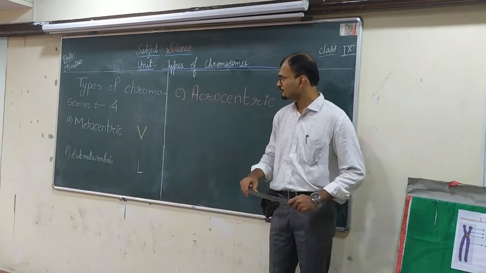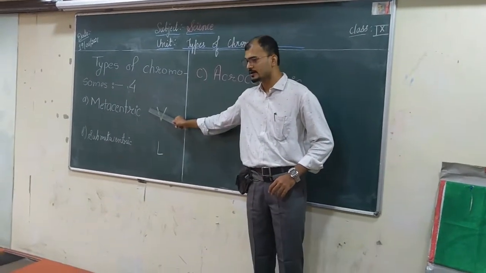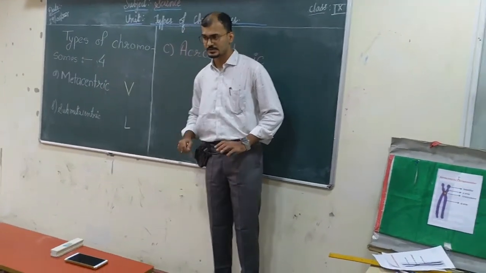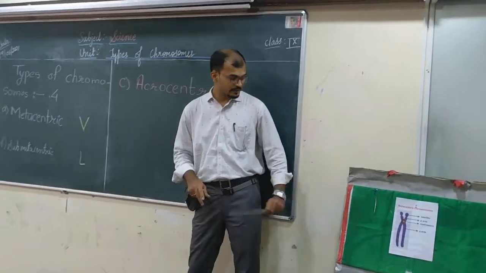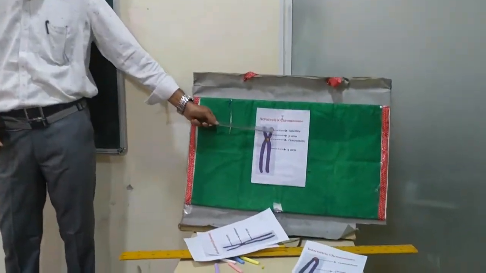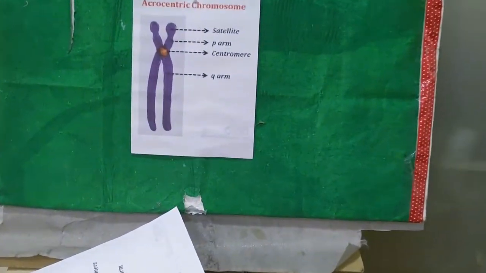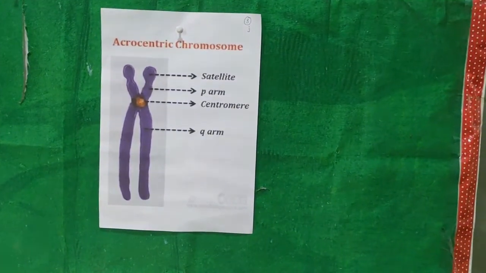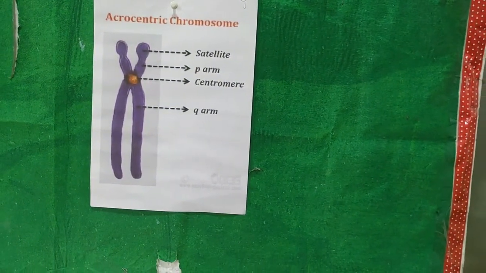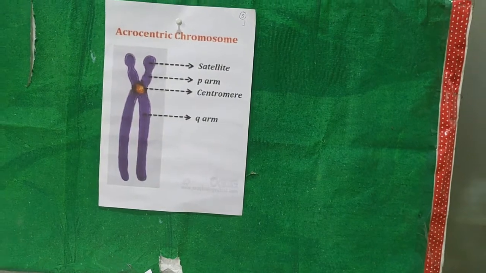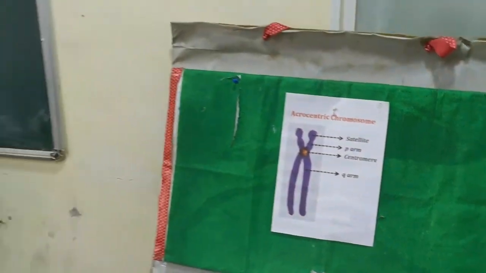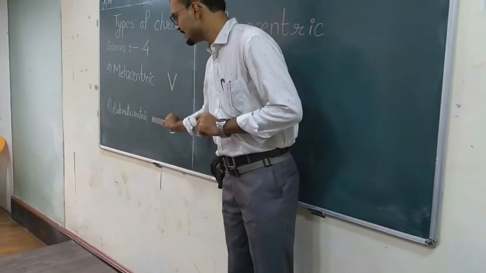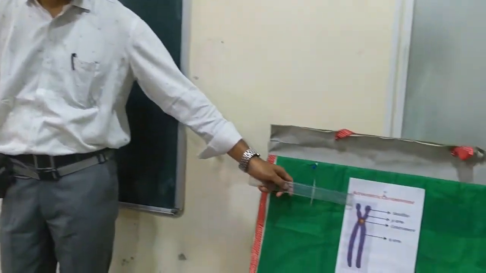Unlike the metacentric or the submetacentric, it has a satellite that wasn't there in metacentric. Submetacentric. Very good. But there is one common point between submetacentric and the acrocentric.